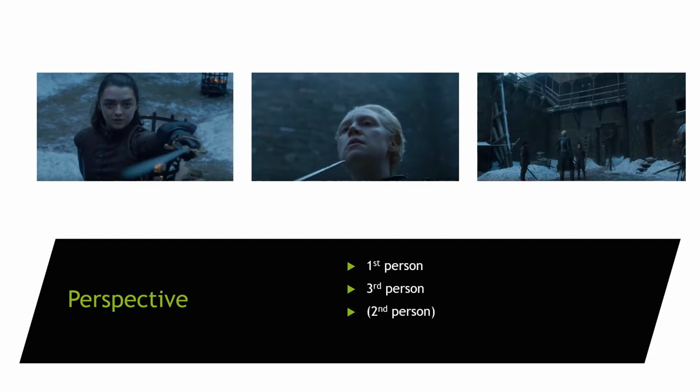Another thing to consider is perspective. There are three main forms of perspective that you will need to recognise. First person, which will appear often in the piece of text as I, the use of the pronoun, tells us that the story is being told from the first person point of view, from the main character's point of view.